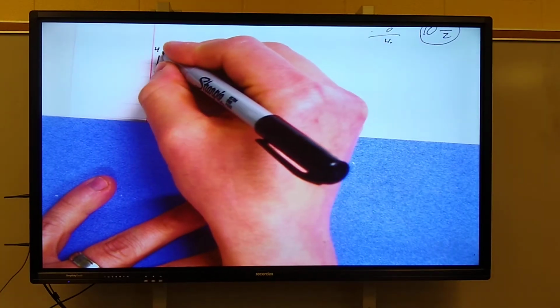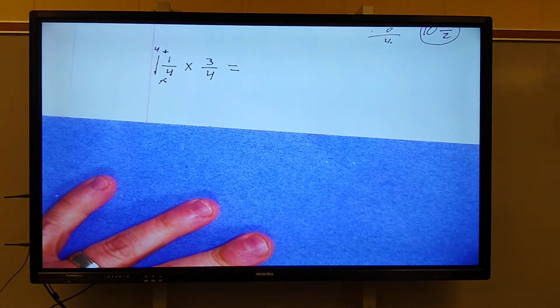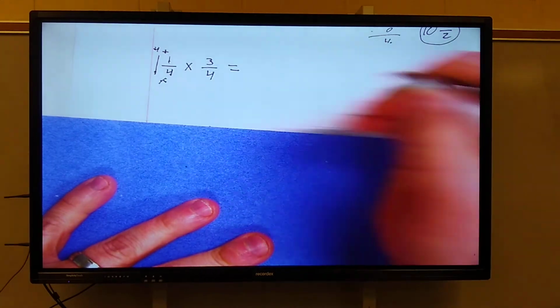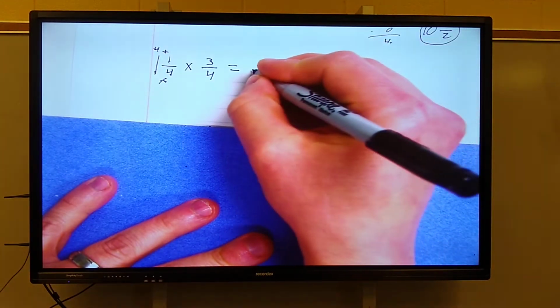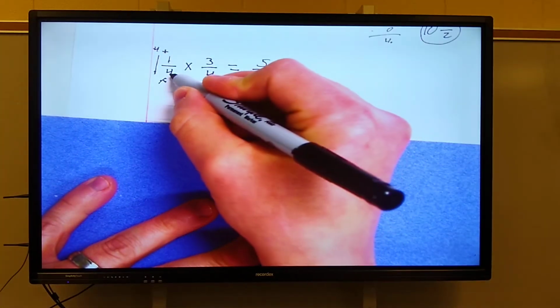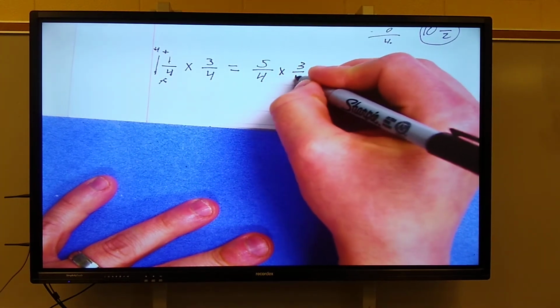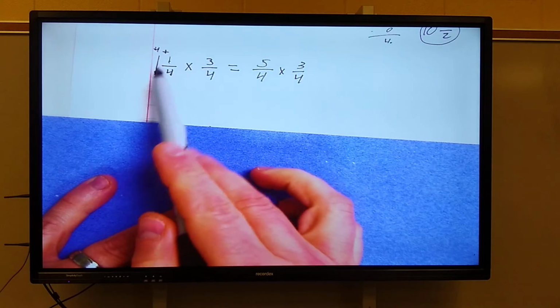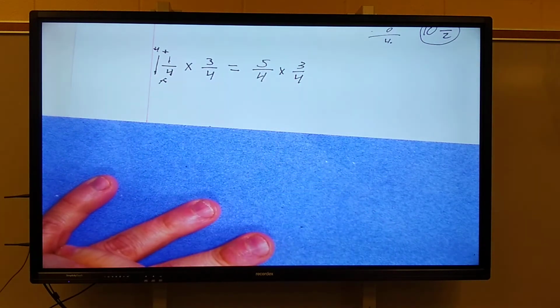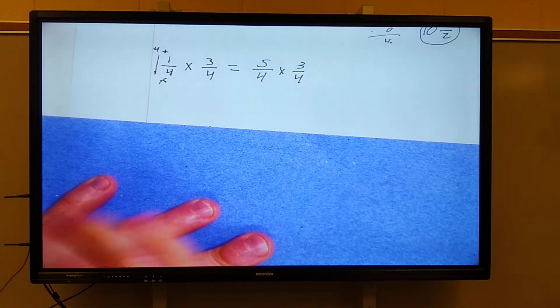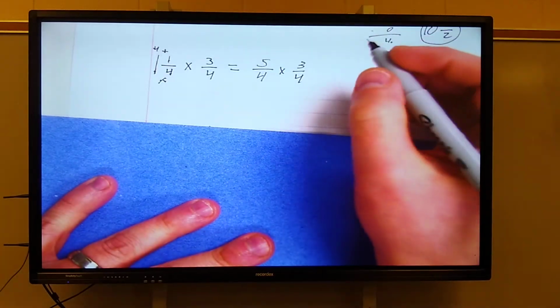Then you add that answer to your numerator. 4 plus 1 is 5. That becomes your new numerator. Your denominator stays the same. So 1 1/4 becomes 5/4. And then you multiply like normal.